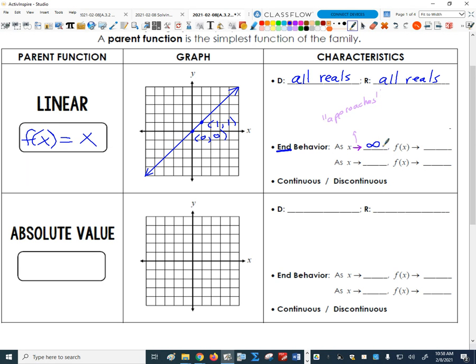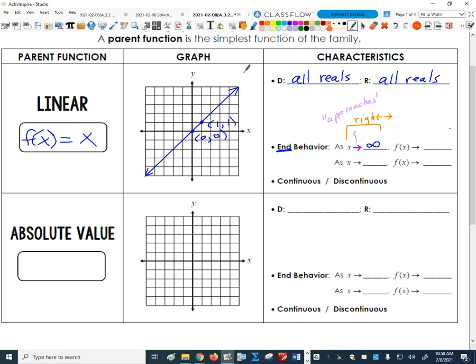That means we interpret that to mean as the ant goes to the right forever, we have to fill in the blank here. f of x is just y. What is the output, f of x or y, approaching? As I go to the right forever, don't I go up forever also?